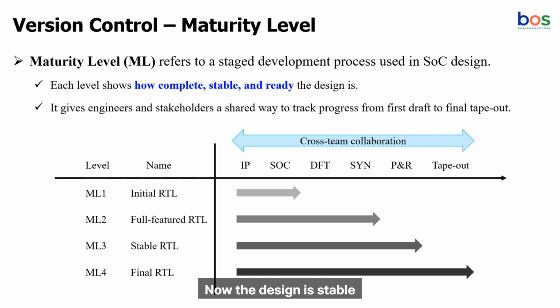Now the design is stable and it has passed the key verification check. ML4, final RTL. This is the final stage, the tape-out ready version. By moving step by step like this, it's easier for different teams to stay on the same page, because everyone knows the milestone and what to expect at each stage.